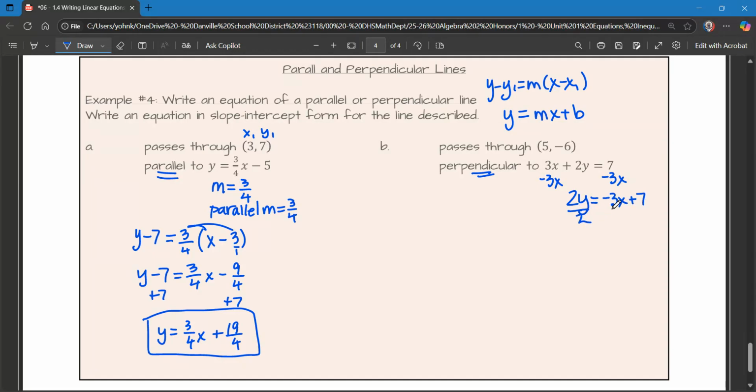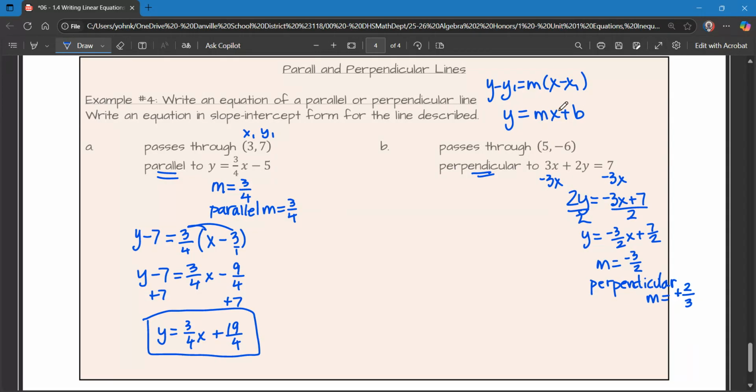We need to divide everything by 2. So y equals negative 3/2 x plus 7/2. Now the slope of this line is negative 3/2. The perpendicular slope is going to be the opposite sign, which is positive, and you flip the fraction to do 2/3. So opposite sign, reciprocal number.